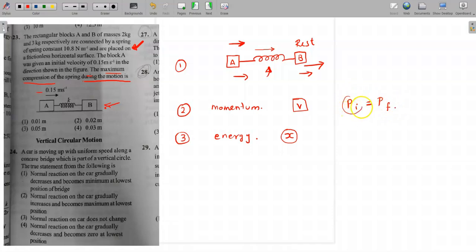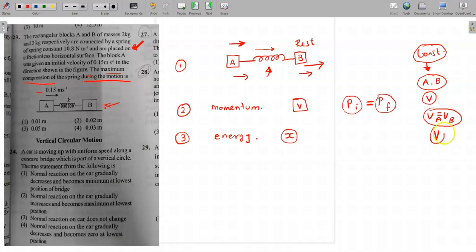When you equate them, you can find the final velocity, which means the velocity of A and B together. As I mentioned, after collision, the velocity must be the same speed. So there won't be VA and VB; those two velocities are equal, so we can write V there.